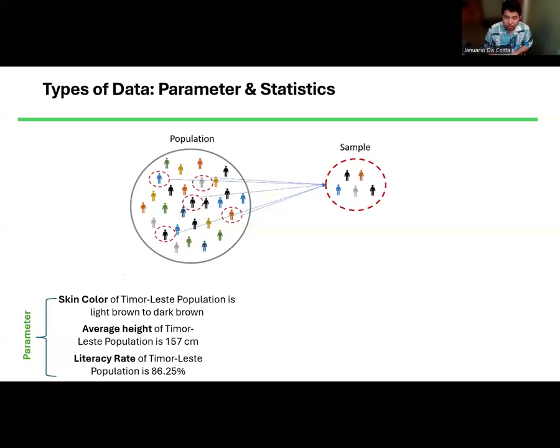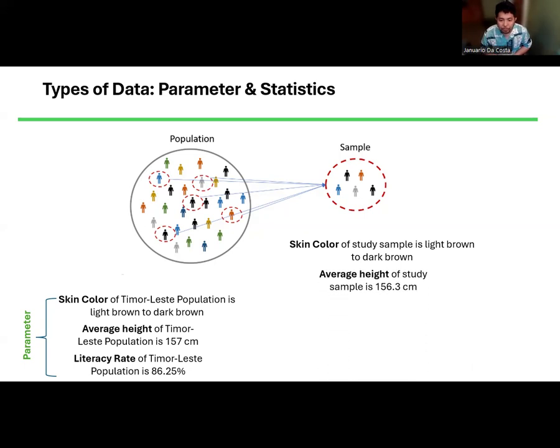For example, if I take a sample, the skin of the study sample is light brown to dark brown. Or the average height of the study sample is 156.3 cm.